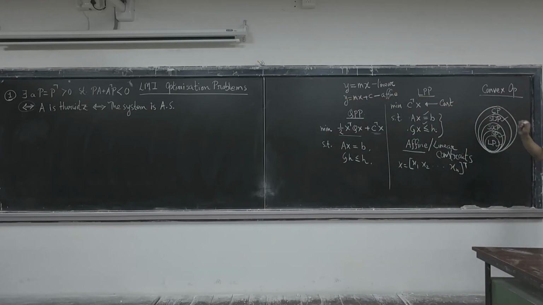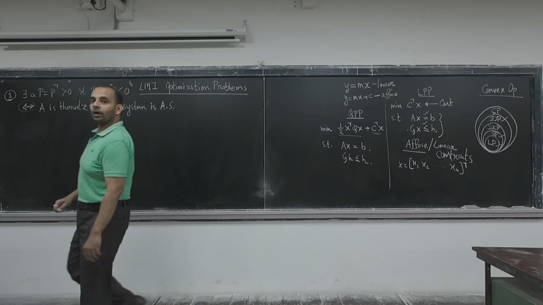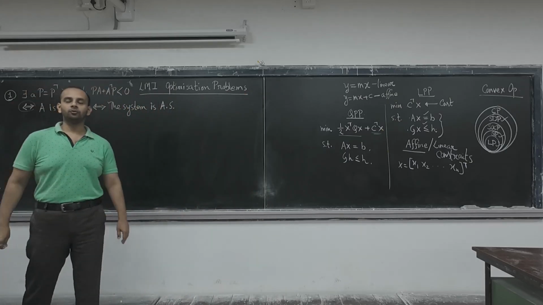And now, especially in the control theoretic framework, we often try to formulate our problems in the SDP framework. We discussed that reason. What were the reasons for which SDP is quite popular with control people?